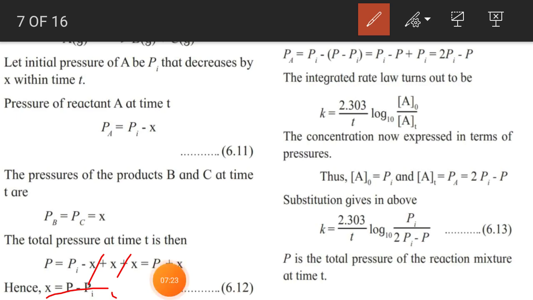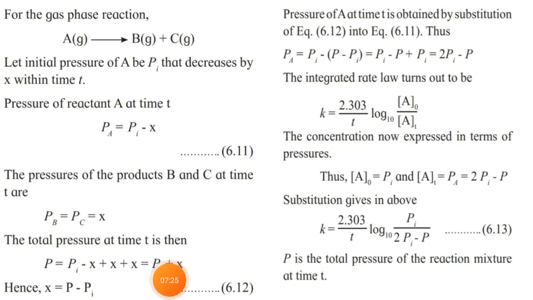Now we put the value of X in equation 6.11, where Pa is equal to Pi minus X. As we substitute the value of X over there, we get the equation Pa is equal to Pi minus (P minus Pi).